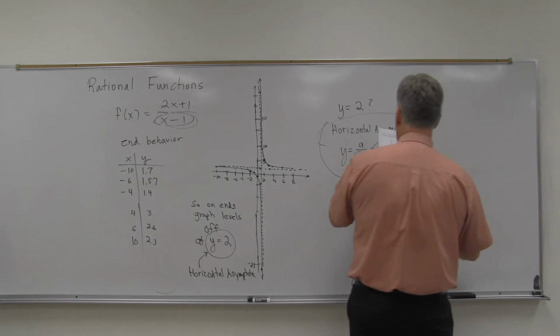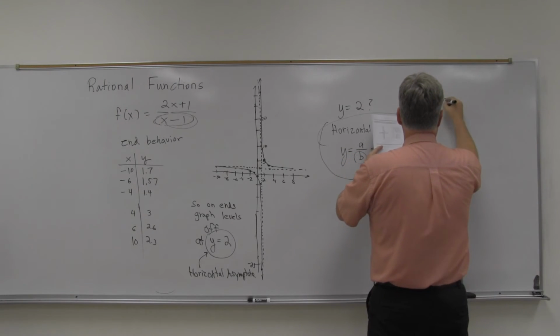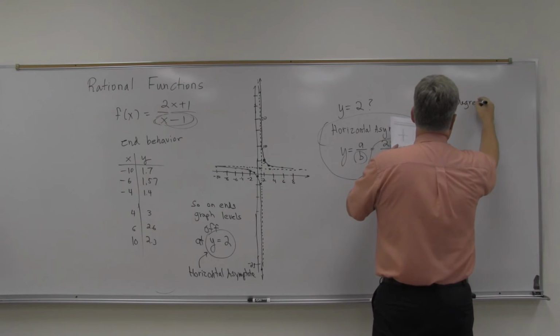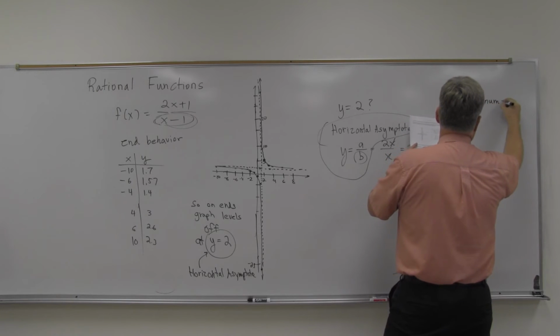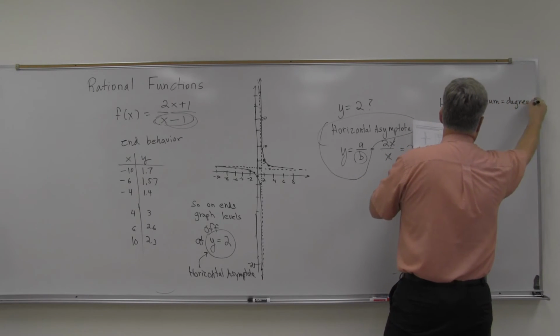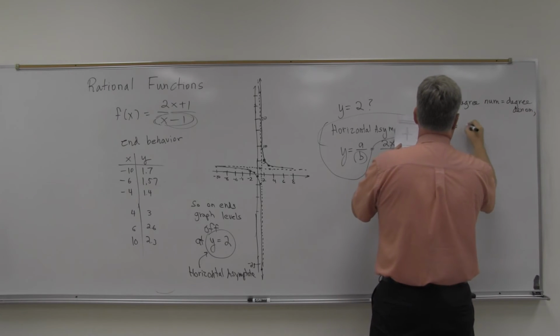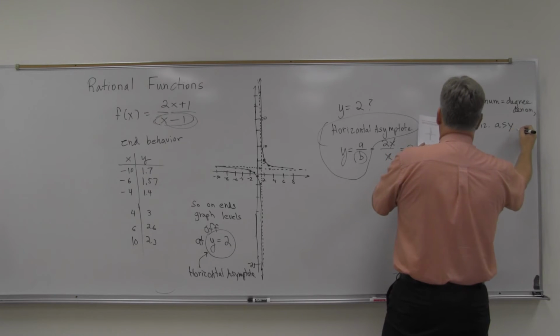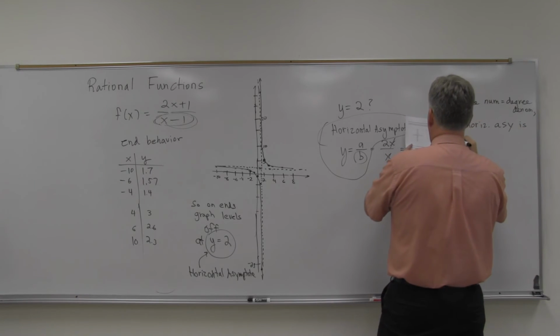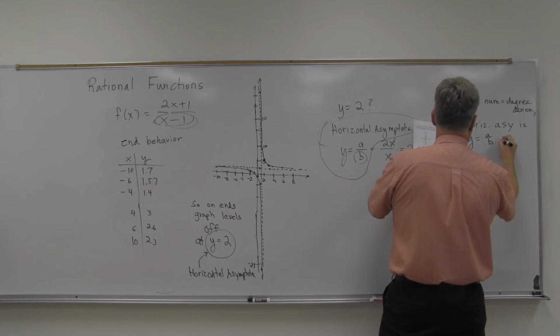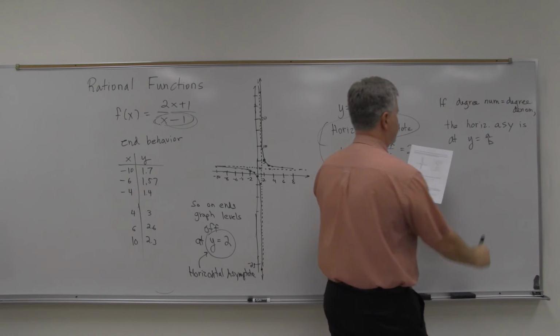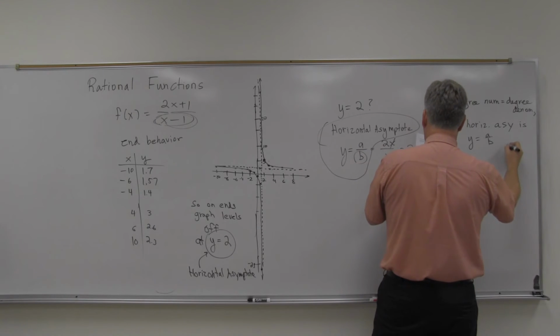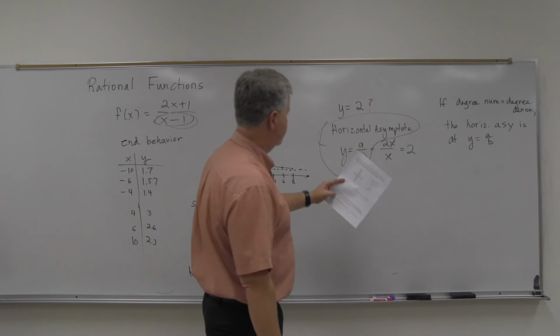So, in general, for a rational function that has the degree of the numerator equal to the degree of the denominator, the horizontal asymptote is at y equals a over b, where a is the leading coefficient of the numerator and b is the leading coefficient of the denominator.